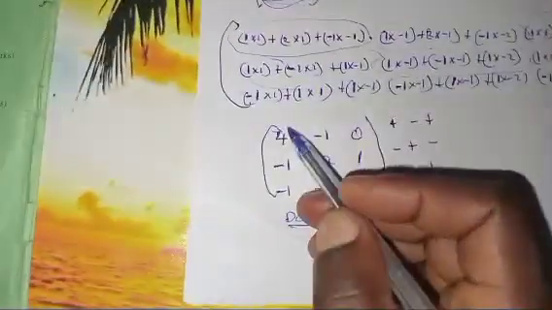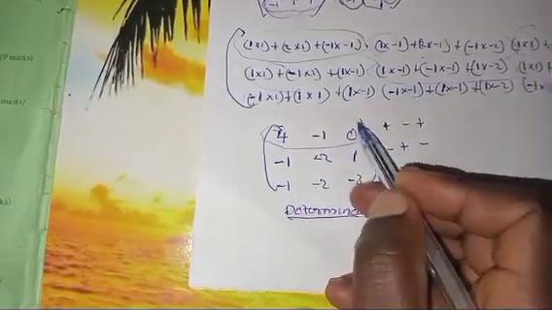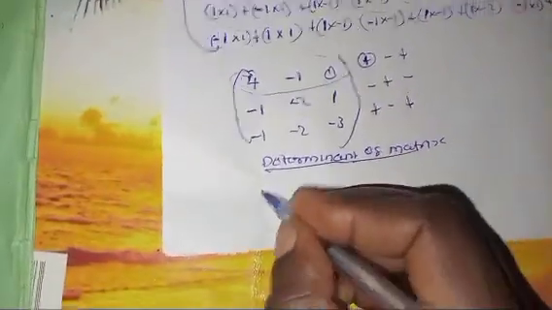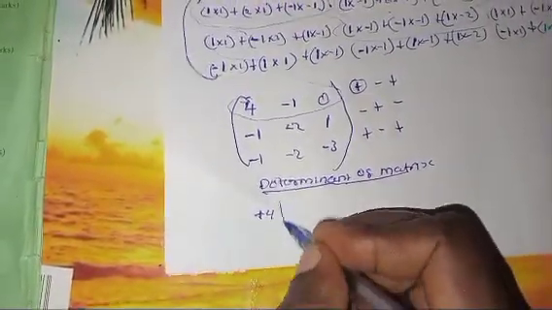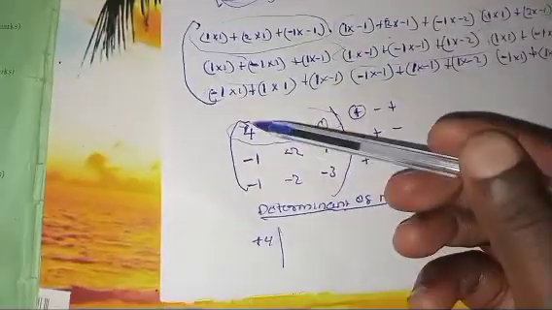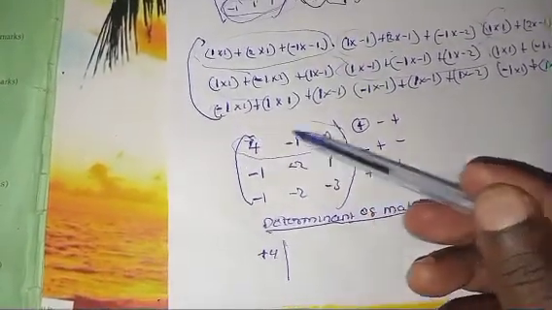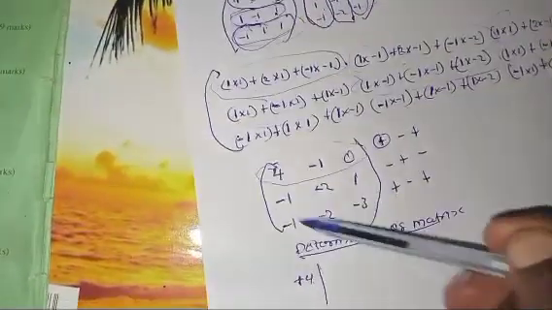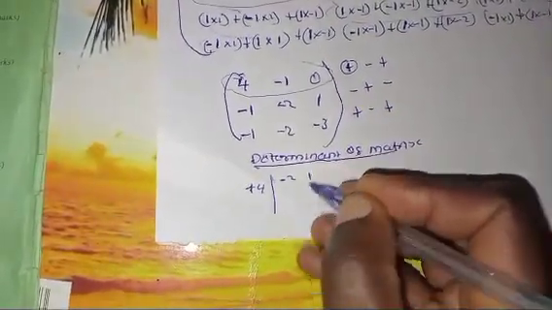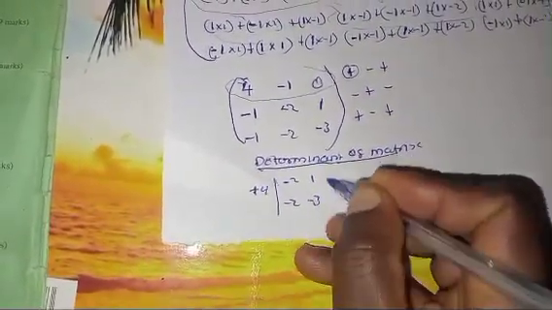We come here, and this is where we use this sign: positive 4 determinant, then you close this row and column, and pick these values: -2, 1, -2, -3.